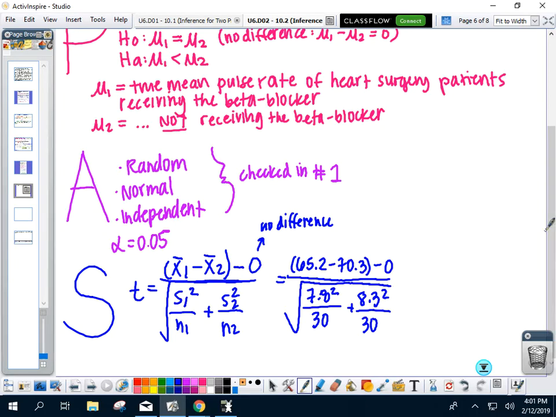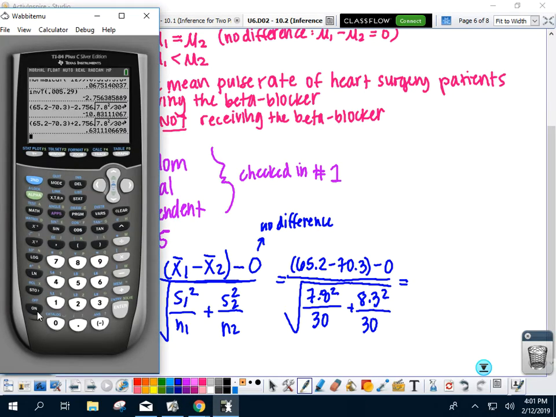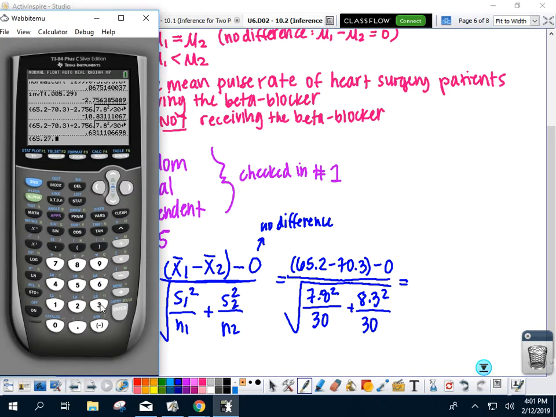All right, let's calculate what that is on the calculator. 65.2 minus 70.3. I don't need to do minus 0 in the calculator. And then I'm going to divide that by the square root. The square root acts like a parentheses.